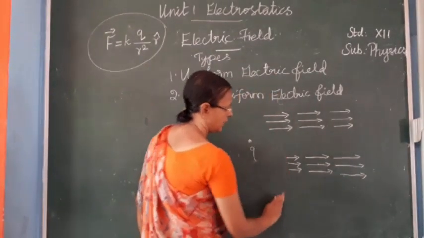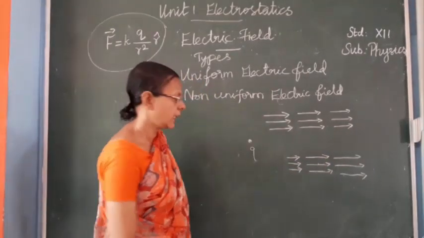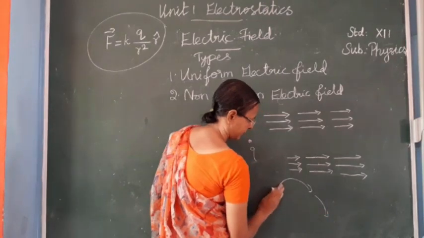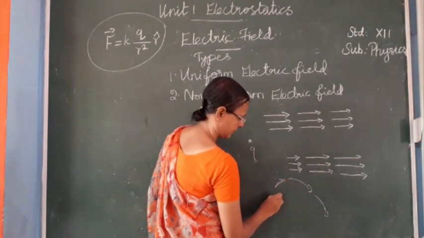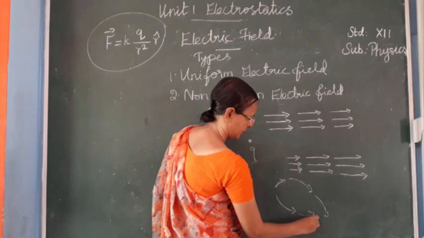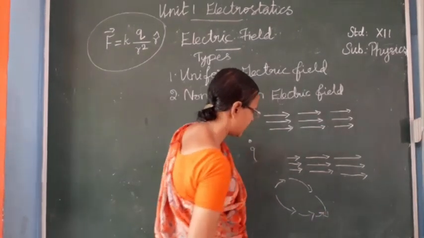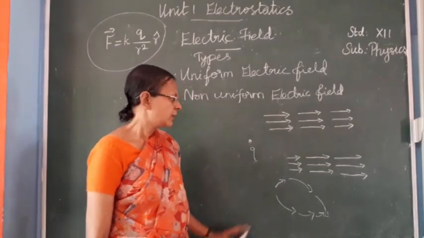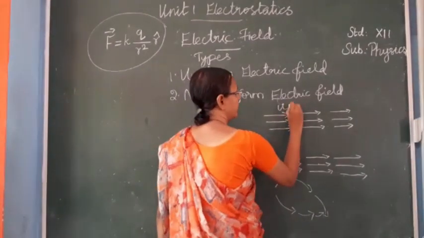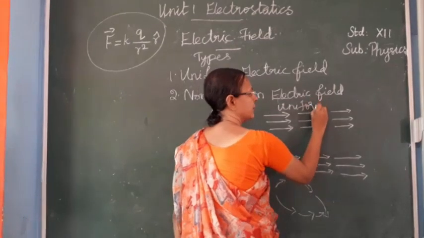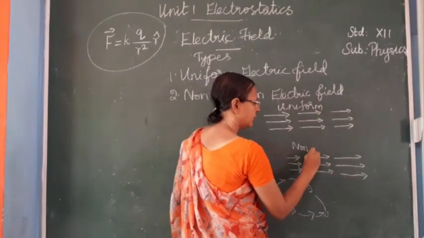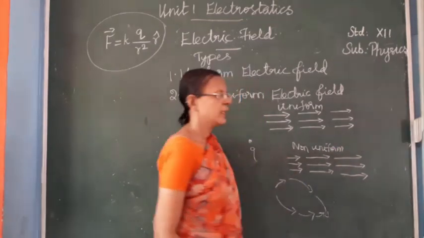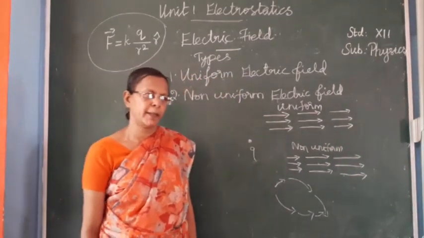So this is a uniform electric field, and this is a non-uniform electric field. Okay, these are the important aspects.